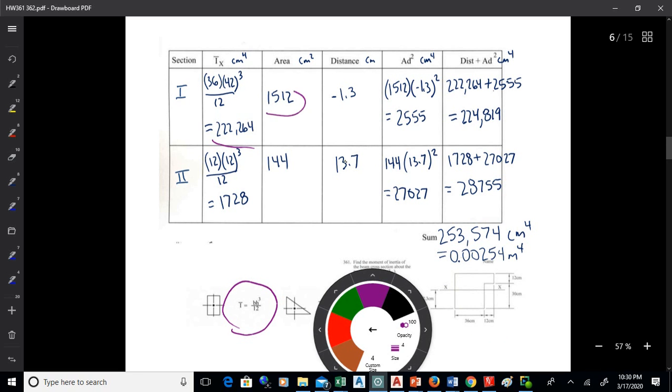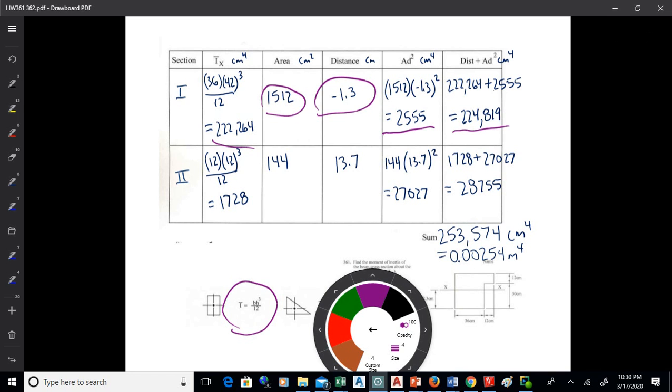The area of that shape is 1512. The offset distance is 1.3. So 1512 times 1.3 quantity squared is 2555. I'll add that to the 222,264 and I'll get 224,819. That's the total moment of inertia of the large rectangle about the x-axis.